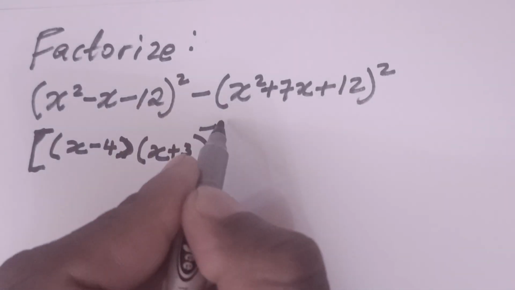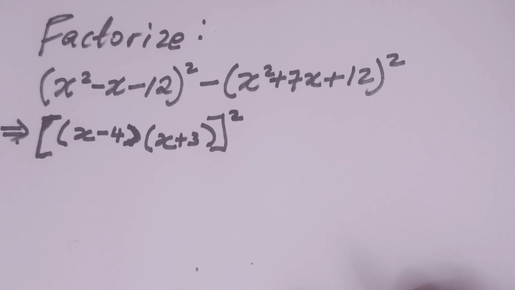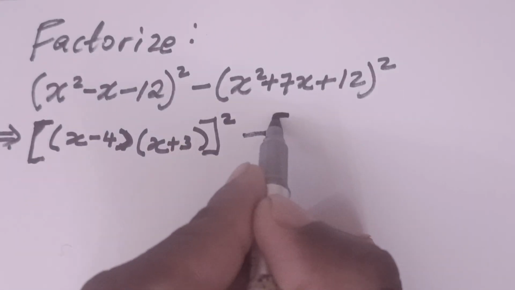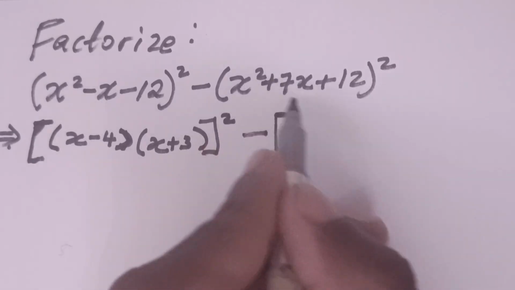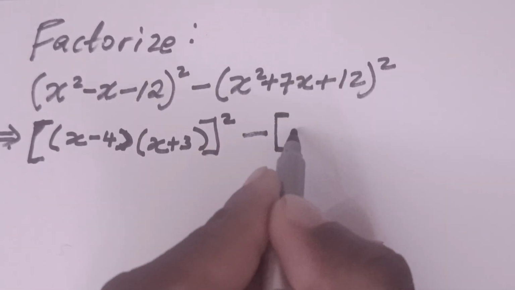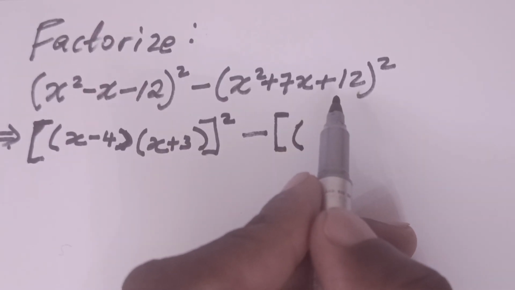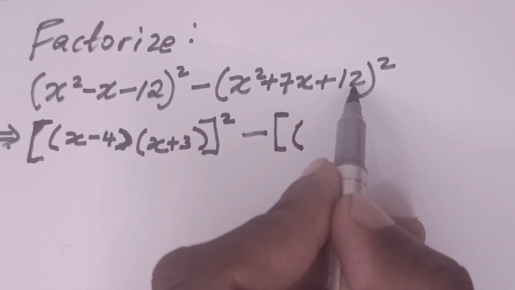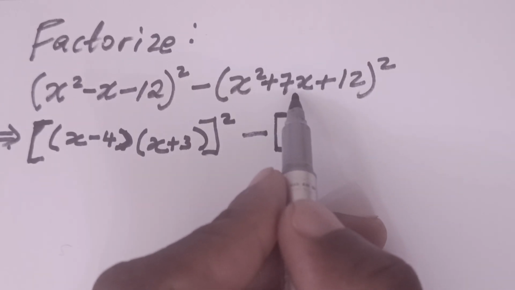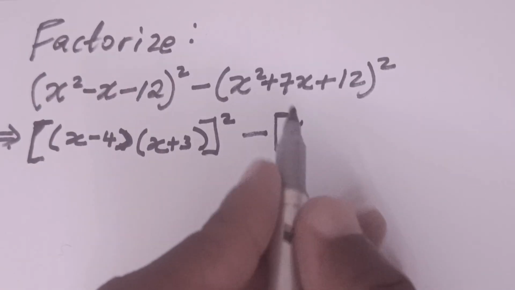But remember, that is still all squared. And then what would happen? Minus this, open bracket. I will factorize that by looking for two values such that when you multiply them, they give you a positive 12, and when you add them, they give you a positive 7.